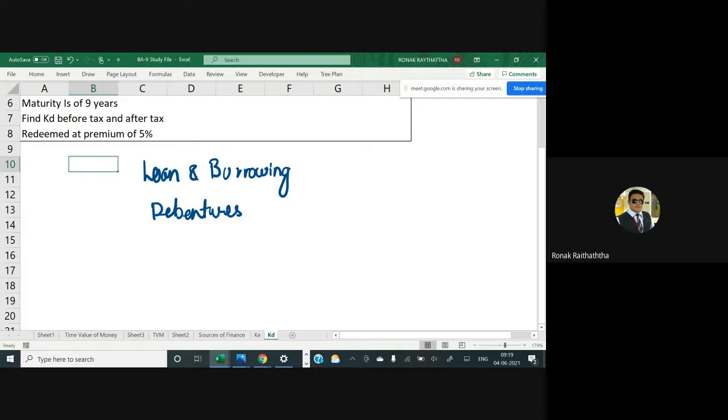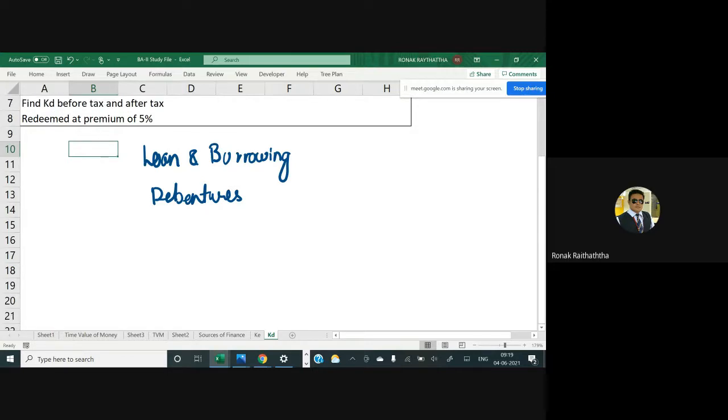Now how do these zero coupon bonds actually operate? Let's see the example. They do not give you any interest rate, first of all. Then some people would say, sir, if they do not give any interest rate, then why would anyone invest in it? As the name itself suggests, they are issued at a discount. So I'm just taking the example of a zero coupon bond right now.